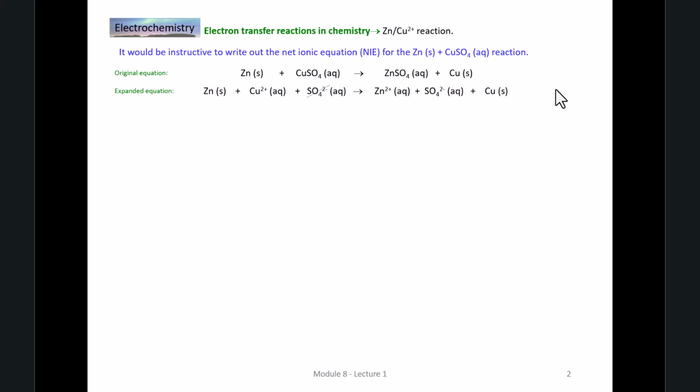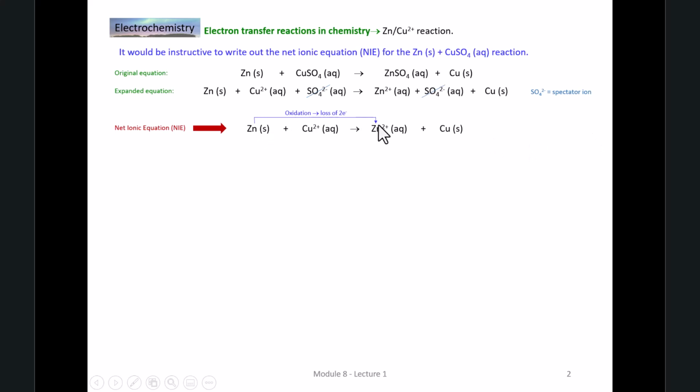In any event, you'll notice that sulfate ion is common to both sides of the arrow. So we're going to cross that out, call it a spectator, and then write the net ionic equation, which would be zinc metal reacting with copper 2+ ions to form zinc 2+ ions plus copper metal, and we can identify that it's the zinc that was oxidized.